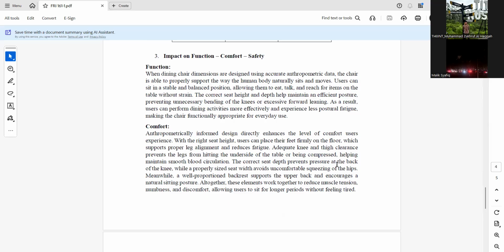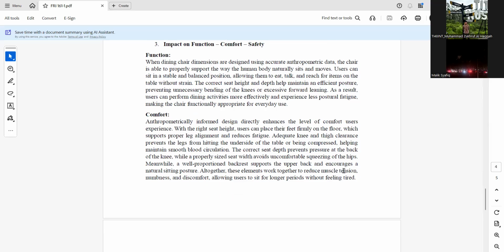It will help us maintain an efficient posture and prevent unnecessary bending of our knees and excessive forward leaning. Therefore, we can experience less posture fatigue, and this chair could be used not only as a dining chair but also for other functions accordingly.